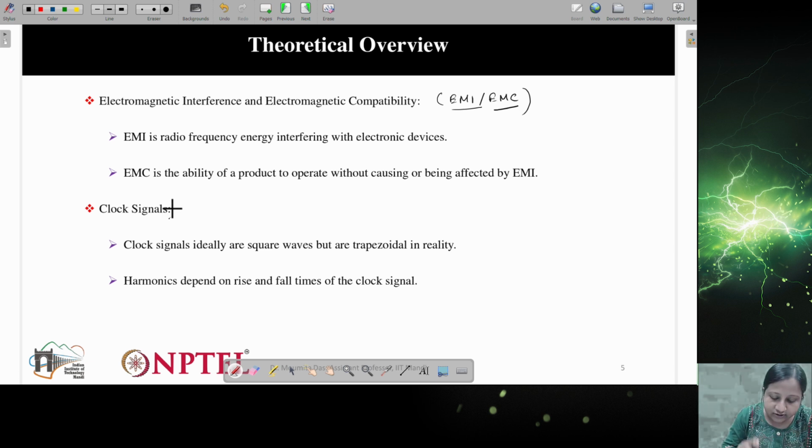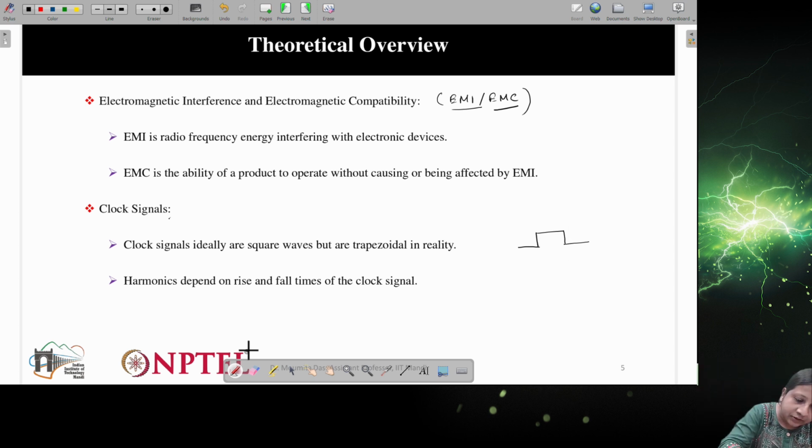Next is the clock signal. Clock signals are ideally square waves, but actually they are trapezoidal, because whenever we provide any signal, we decide or expect it to be a square wave. But generally this turns out to be trapezoidal, like this.